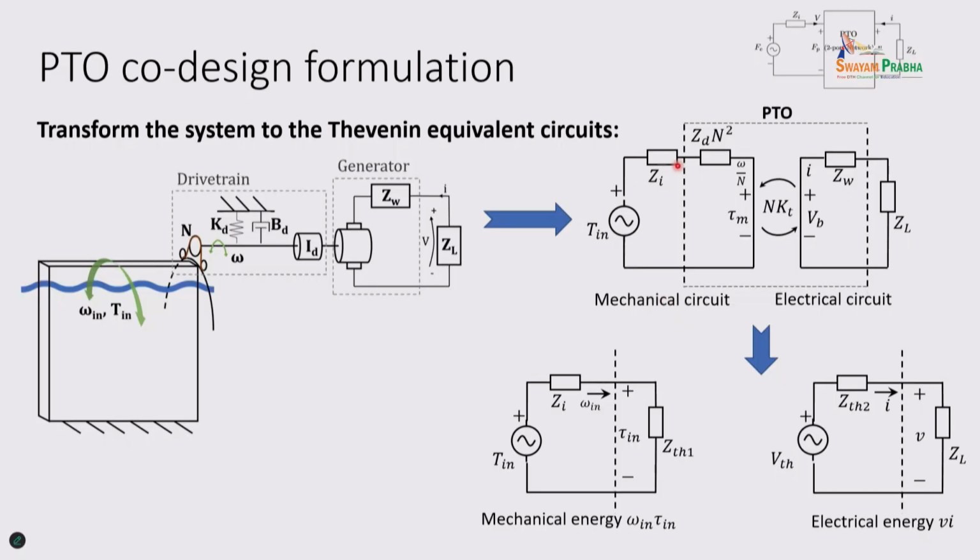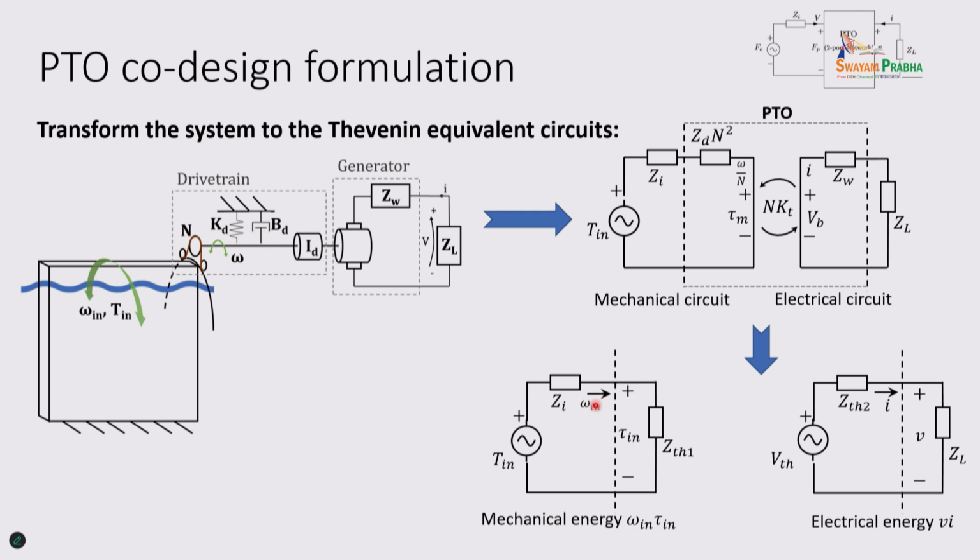Okay. So control code design, as you can see, is a nice framework that allows you to consider the hydrodynamics part, the mechanical transmission part, the generator part, and the feedback control part, right? You put everything together. Now it's a nice framework. You can consider the mechanical power and electrical power.